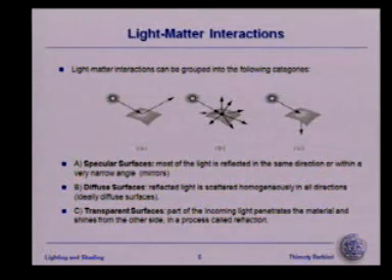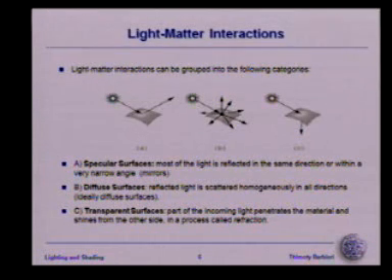So, very briefly, an ideal specular surface is a surface such that all the outcoming light from the light source is reflected by the surface, and this reflection is concentrated in a very narrow angle.